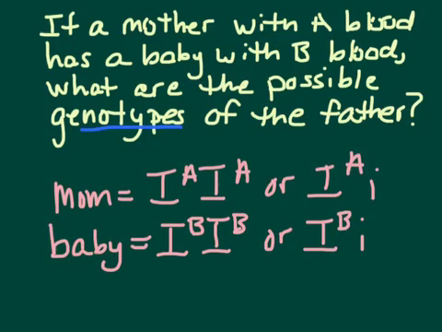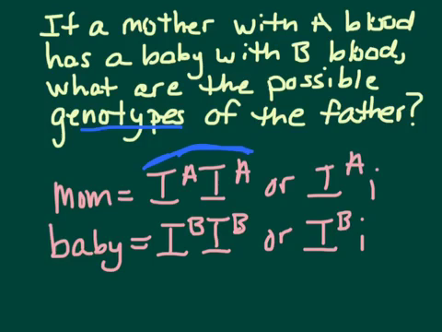So the possible genotypes for mom, if she's type A, she can have either homozygous dominant with capital I, capital A, capital I, capital A, or she can have capital I, capital A, and lowercase i, and for the baby being type B, similar. Okay?